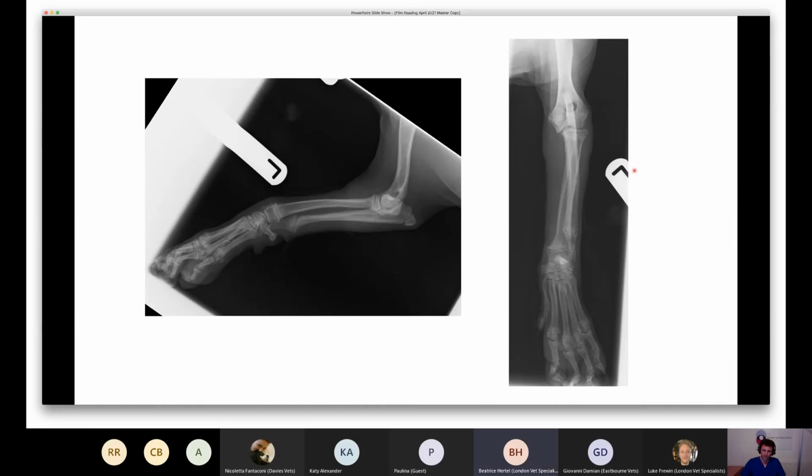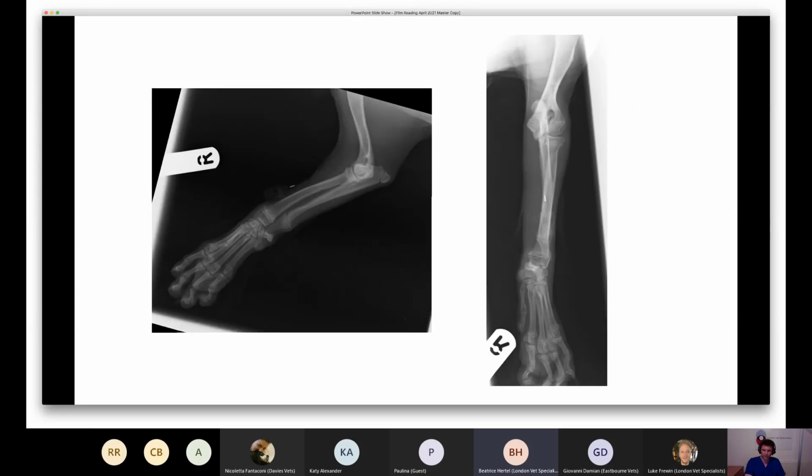Looking at the lateral, I cannot see any major changes on the lateral view. Because it's affecting both sides, it is most likely to be a congenital problem, and my main differential would be an incomplete ossification of the humeral condyle, the distal part of the humerus.